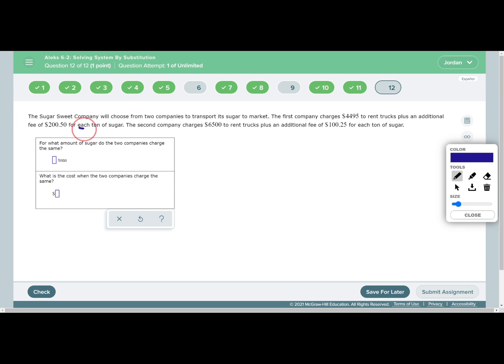So I focus more on each, every, and per. That will tell you your M. Your M is 250, and this will be your B. Y equal to 250x plus 4,495.